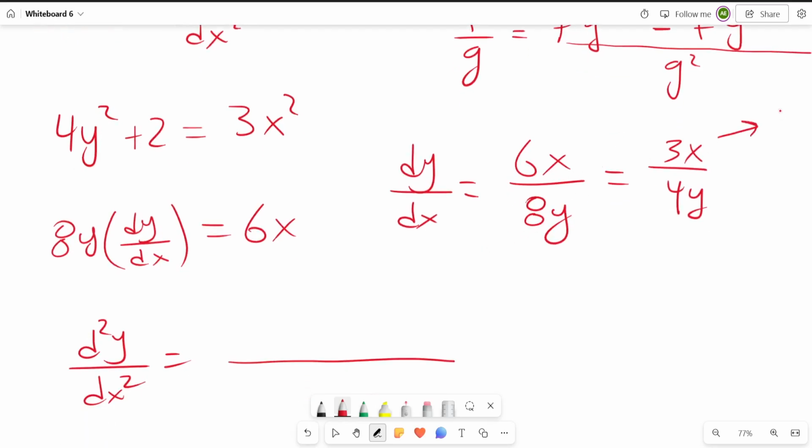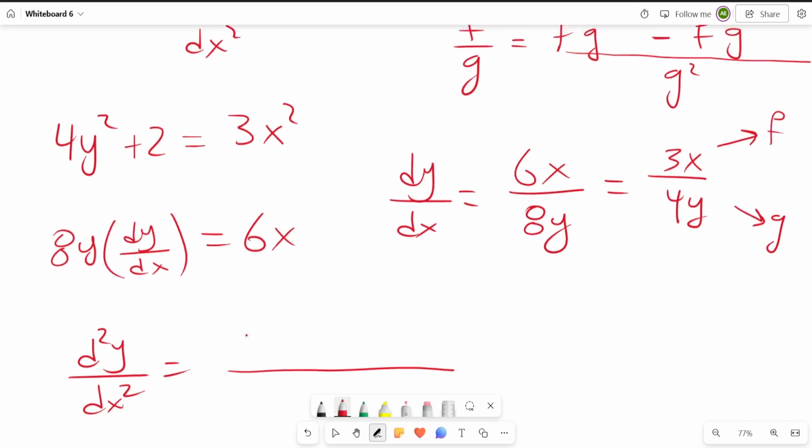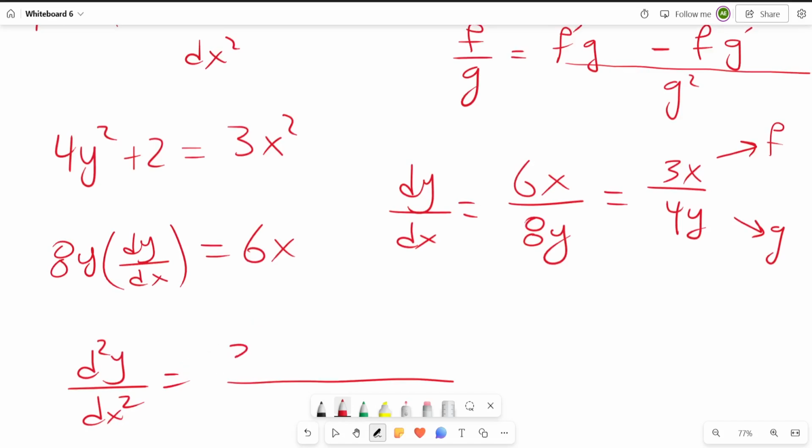So this is basically f and this is g. So f dash is going to be 3 multiplying g, which is 4y, minus f normal, which is 3x, multiplying g dash, which is going to be differentiation of this. So the differentiation of 4y is basically 4 multiplying dy by dx.